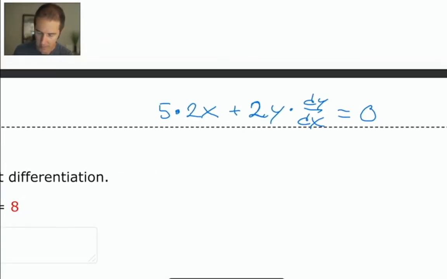Now let's isolate dy dx. So 5 times 2 times x was 10x. I've subtracted that from both sides, making it a negative 10x on the right-hand side. Now let's divide both sides by 2y.